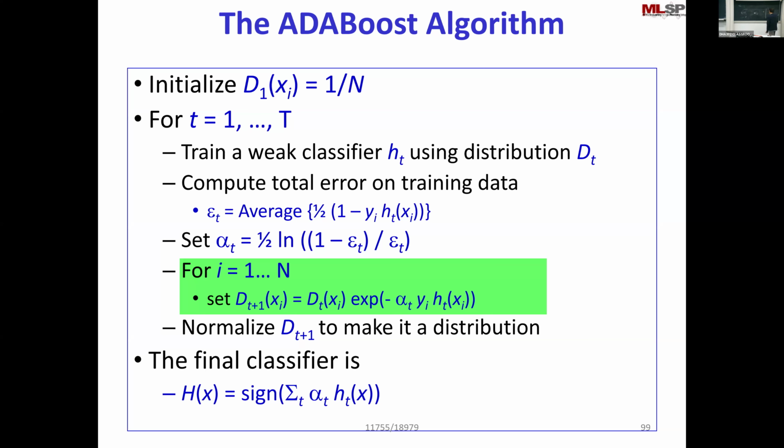So that's simply going to be 1 minus E over E. For a random classifier, this is just 1, right? It doesn't matter whether it's correctly classified or not, so for a random classifier, both are the same, no weights change.